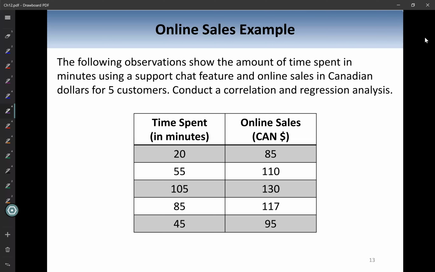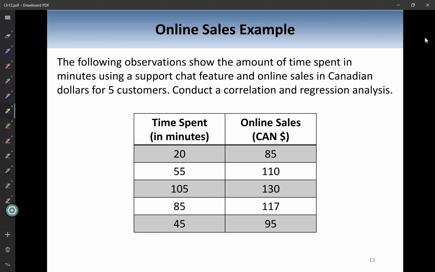They might not have any practical significance. But what if we have something that did have practical significance? So you can think about what type of variables would possibly be used in predicting online sales.